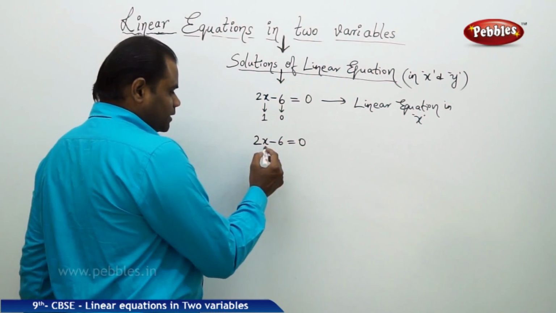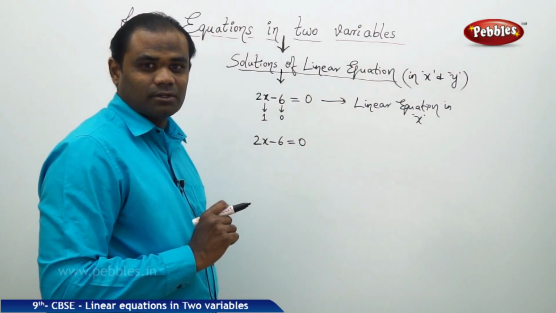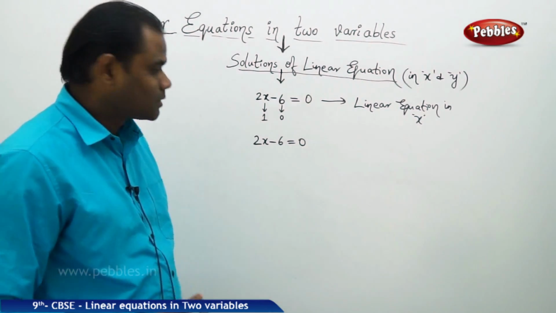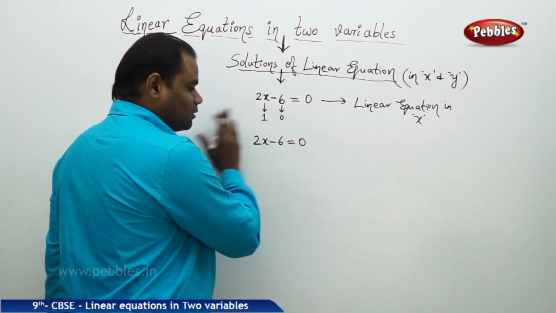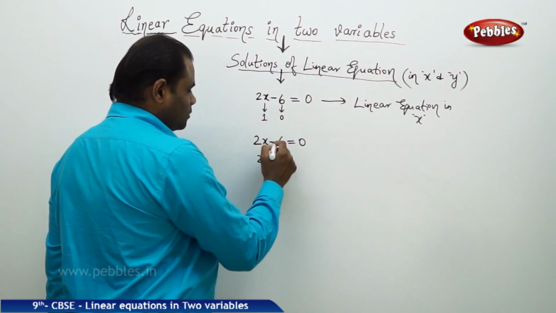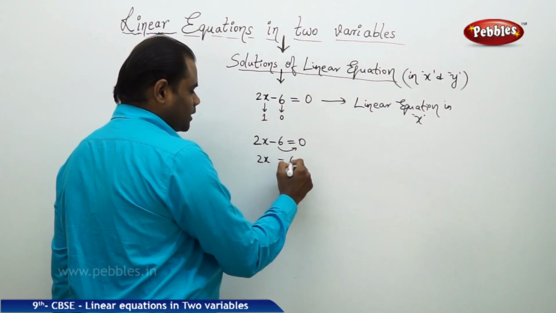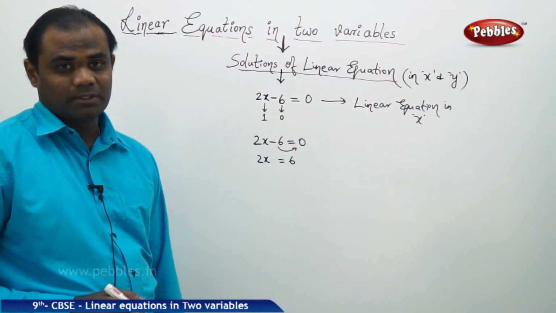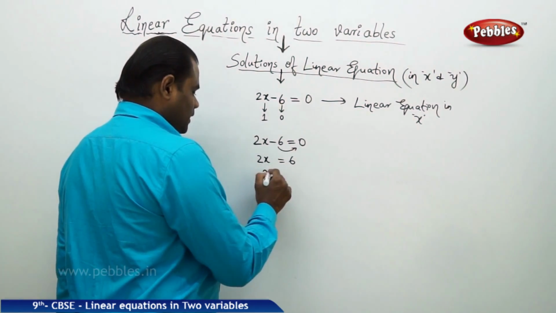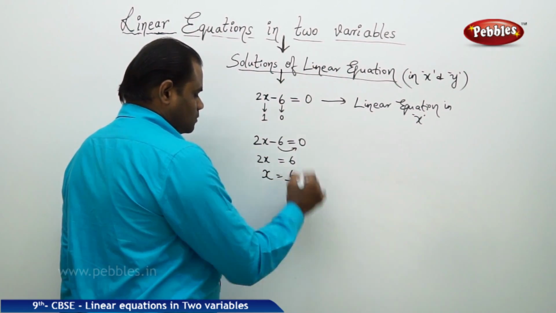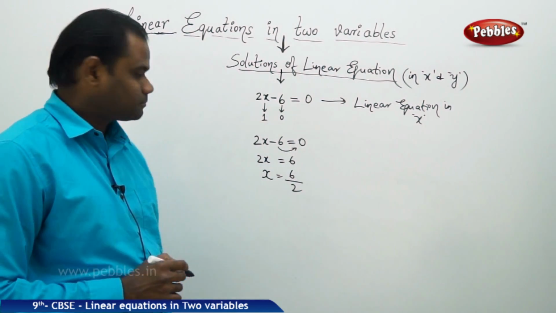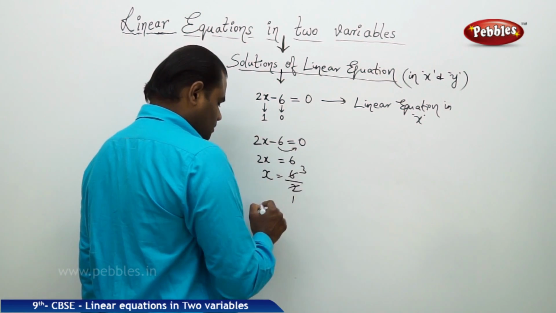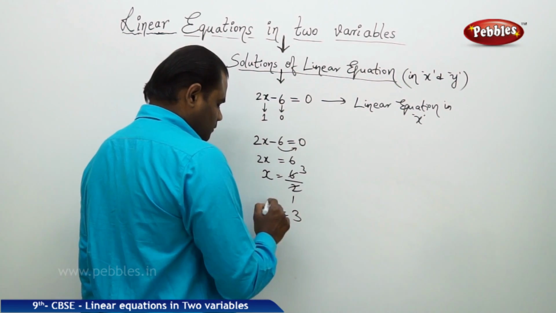Clearly, when you want to identify the value of x which satisfies the equation, it's about simplifying this equation to get x. Therefore, in order to find x, I take all the x terms to the left and all the non-x terms to the right. So minus 6 does not have x, so it comes to the right as plus 6. Then I have my x, which is 6 by 2, because 2 comes down here, and on further simplification I get this to be 3.